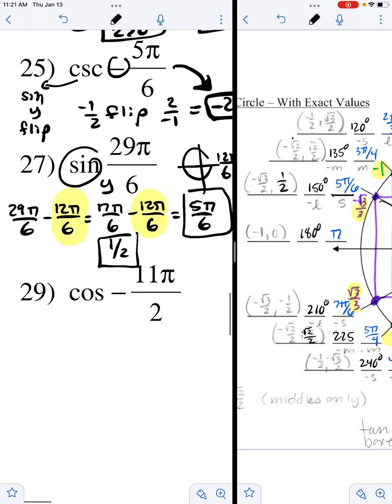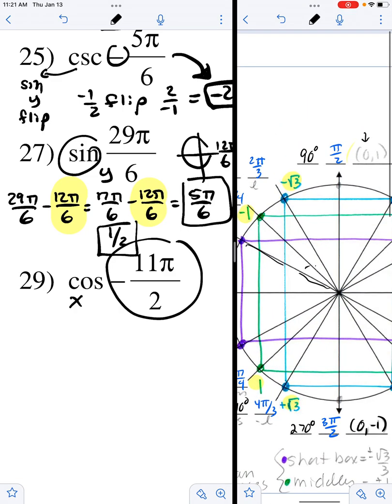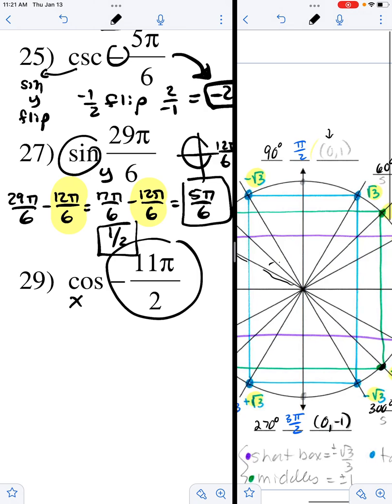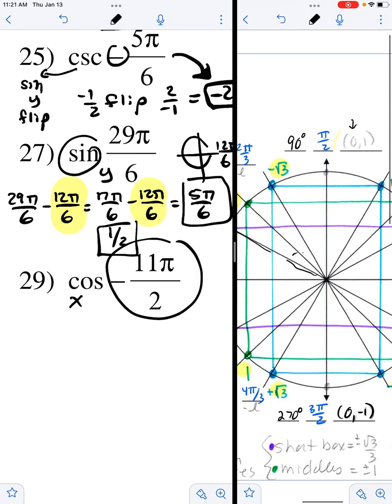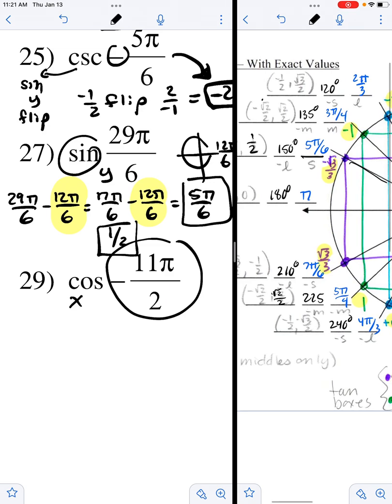All right. Last one for me is this cosine. That'll be easy. I'll just get the x. I just got to figure out where I am. So pi over 2. You can see at the top of the circle that pi over 2 is 90 degrees. So every chunk of 90 degrees is a pi halves. You can think of this a couple different ways, however it's easiest. And you go in negative. So let's start here.